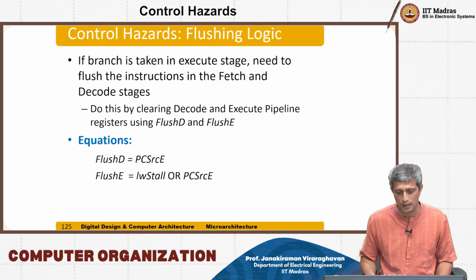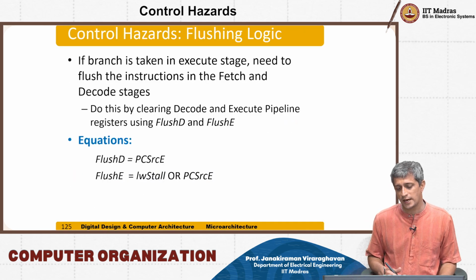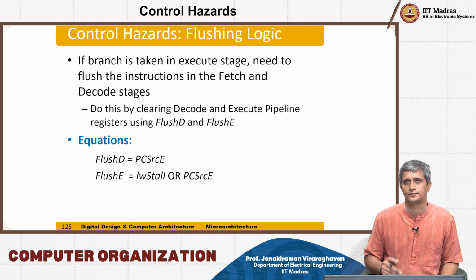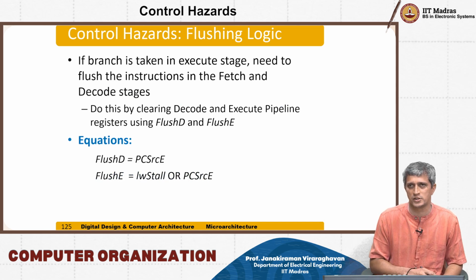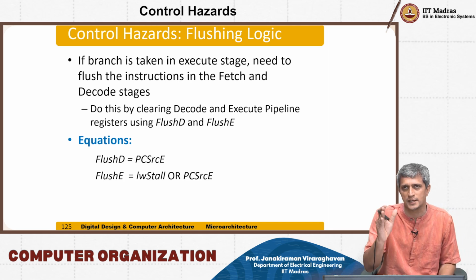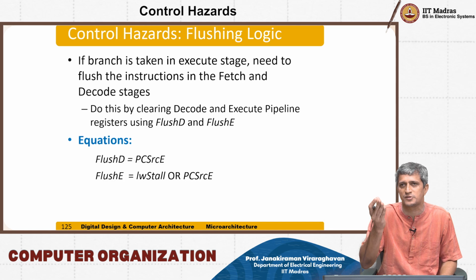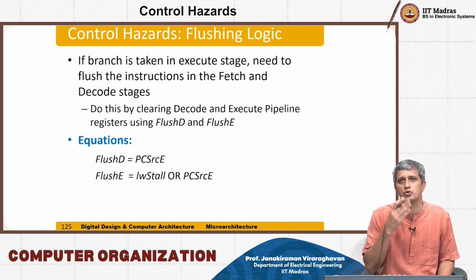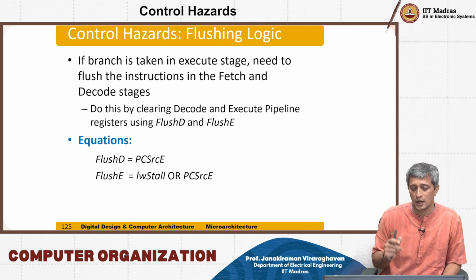And therefore in my logic, all we are saying is, if you want to flush in the decode stage, then you say PC source E, because if PC source E has gone high, it means the branch is being taken, and in that case you flush D, and then you flush E. What is the flush in the execute stage?